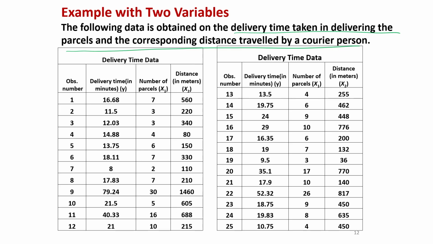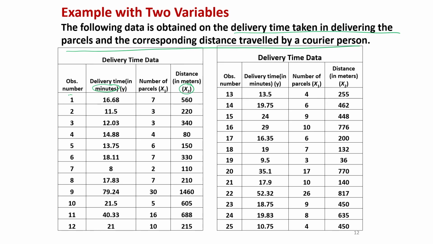So the distance of locations and the number of parcels are both related to the delivery time. The delivery time is recorded in minutes, the number of parcels in numbers, and the distance is measured in, say, meters. Yeah, that's hypothetical data just to explain to you, right.